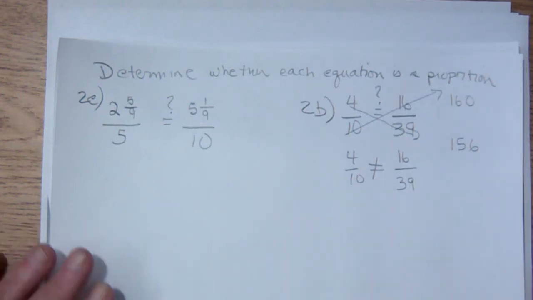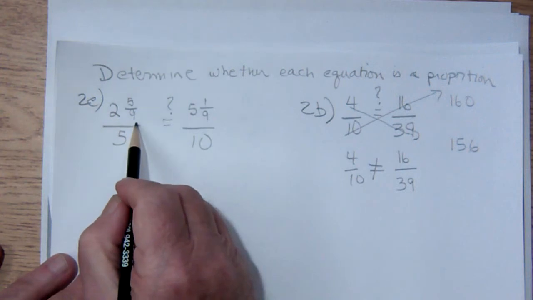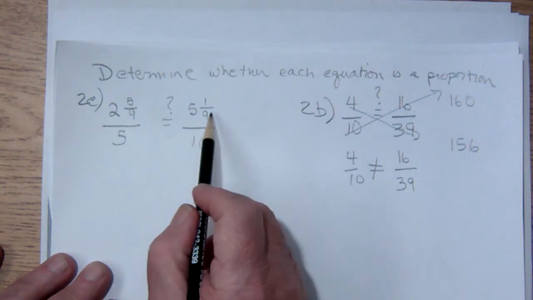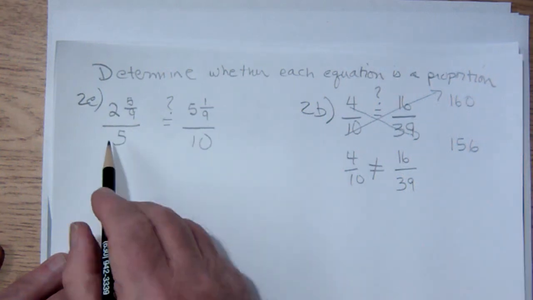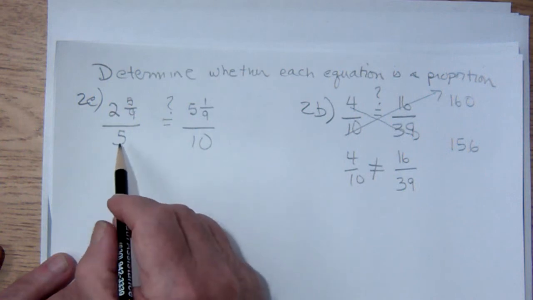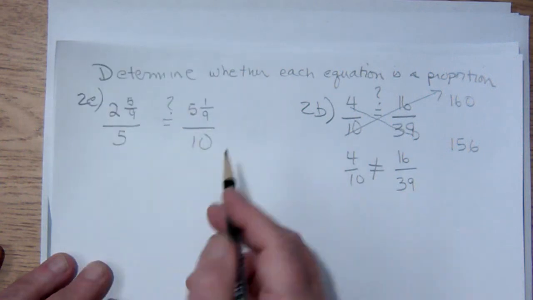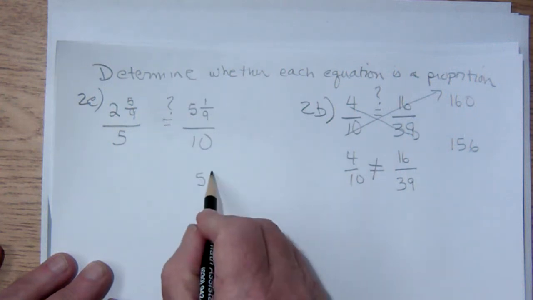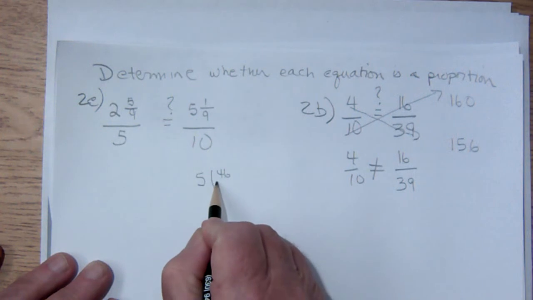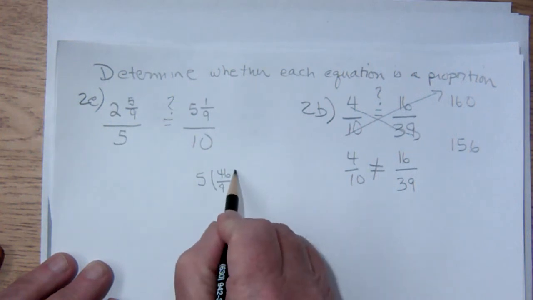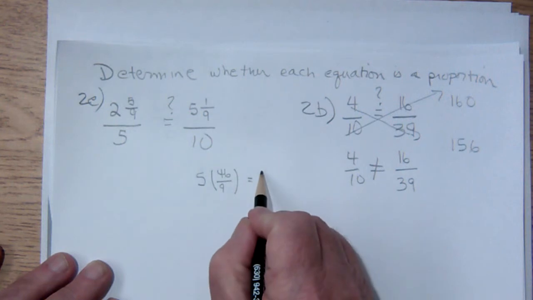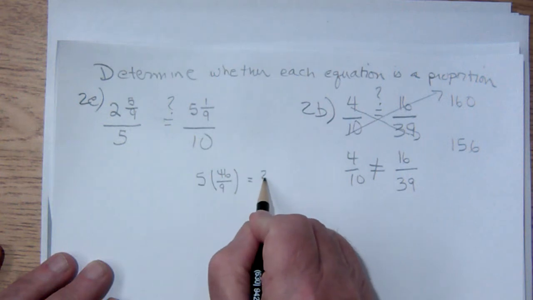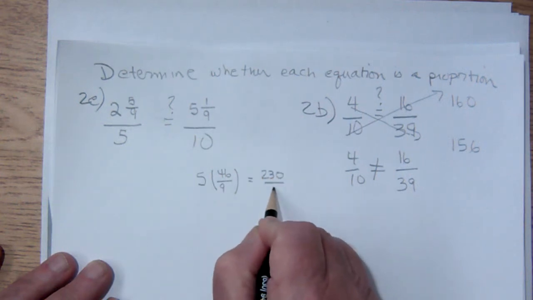Let's look at an example with mixed numbers here. I have 2 and 5 over 9 is to 5, and we're asking the question, is that the same thing as 5 and 1/9 is to 10? Let's see what happens. So if I take 5 times this, and this mixed number is going to be 46 over 9, and that is going to be 230 over 9.